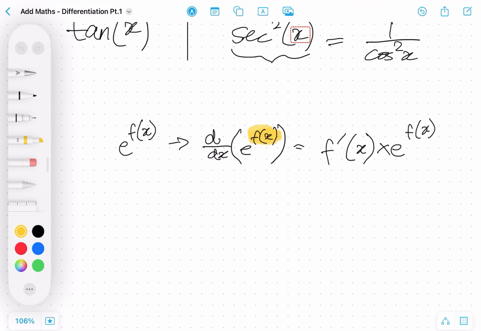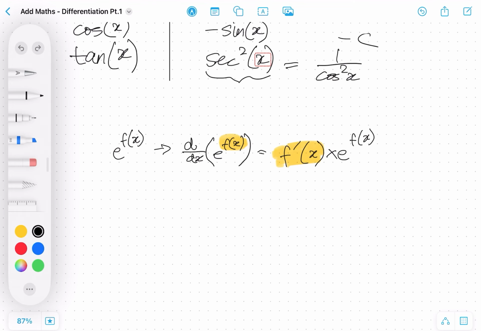So we're just differentiating f of x and pulling it down and leaving everything else the same. You see, everything else remains the same. So that's how you would differentiate e to the power of a function of x.